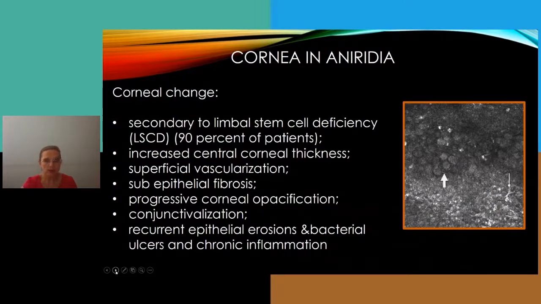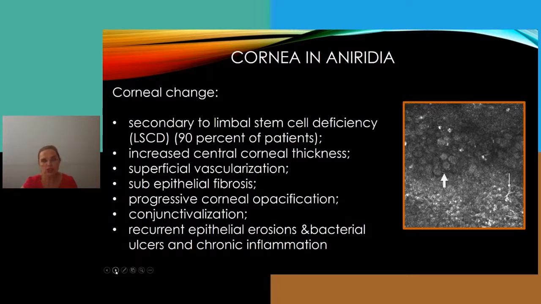Well, most of our patients with aniridia are having corneal problems. And those corneal problems are proven to be secondary to limbal stem cell deficiency. And this is up to 90% of our patients. So knowing what is going on at the limbus, which with contemporary confocal microscopy we actually can do, is very important for our aniridia patients.